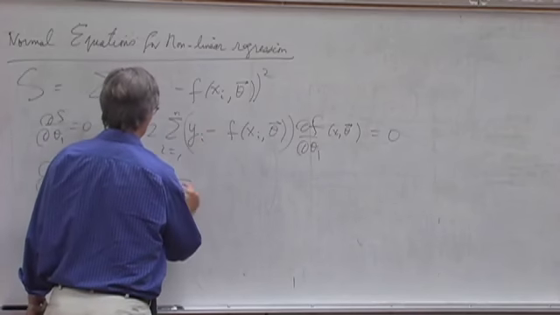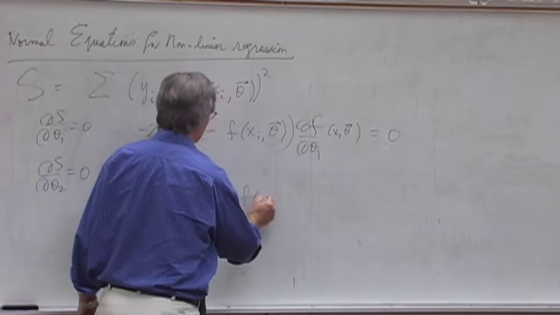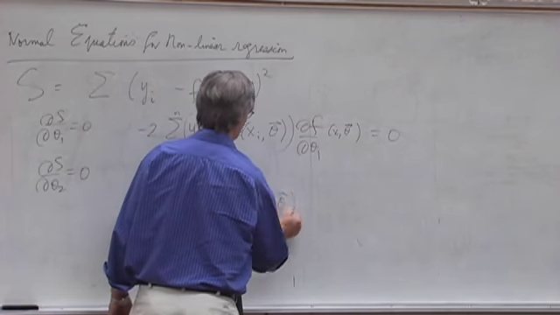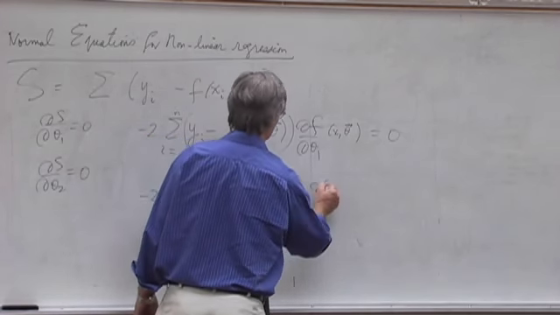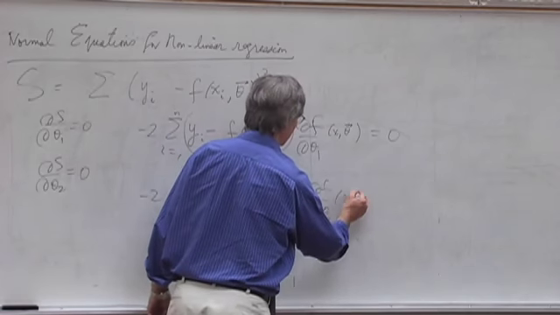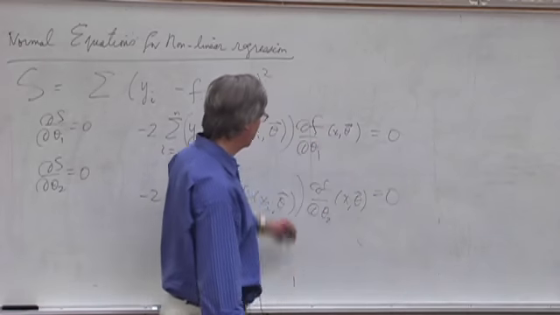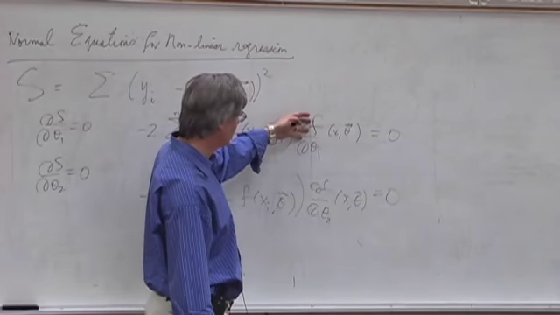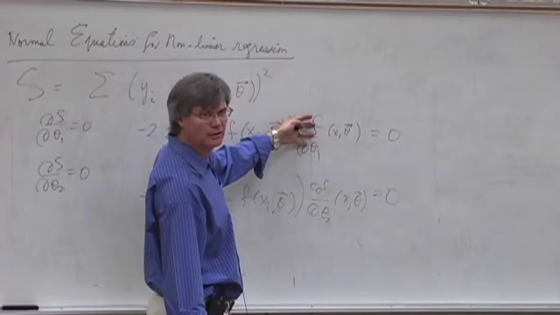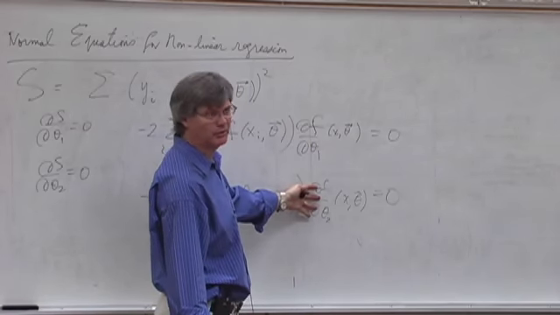And you get a minus 2 summation, i goes from 1 to n, of y i minus f of x i and theta, times the partial derivative of f with respect to theta 2 of x and theta, equal to 0. And when I put in my theta hat, this is just z0 and this is z1, the columns of the Z matrix.